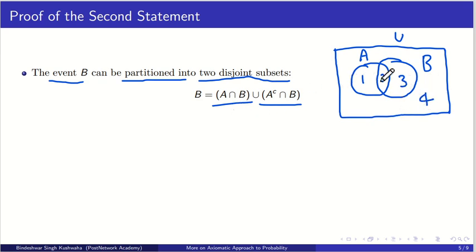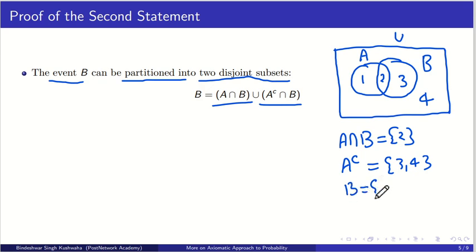So here A intersection B, you can see that A intersection B is 2, and A complement would be 3 and 4, and B we have already, 2 and 3. So let us see A complement intersection B, and that would be equal to 3.